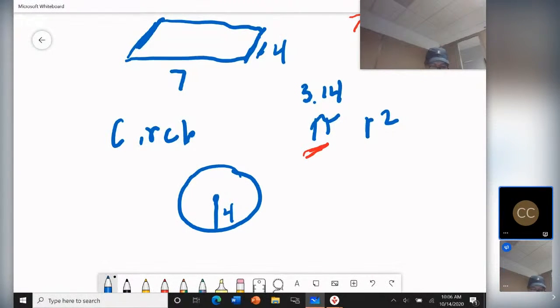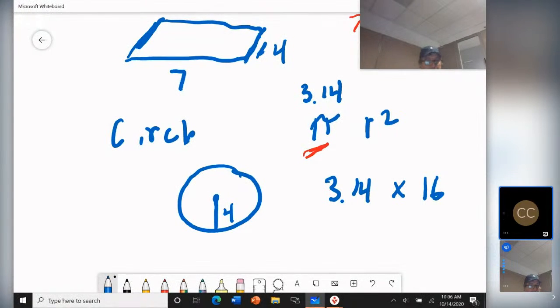Okay. So we're going to do 3.14 times the radius squared. And what that means, you're just going to multiply the radius 4 times 4, which is going to be 16. And then you would just do pi times 16.